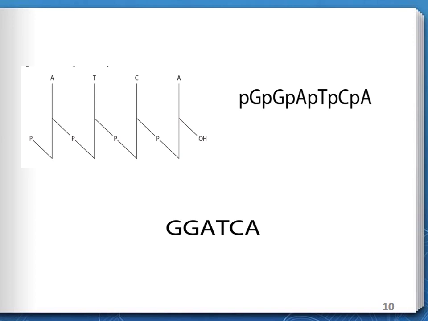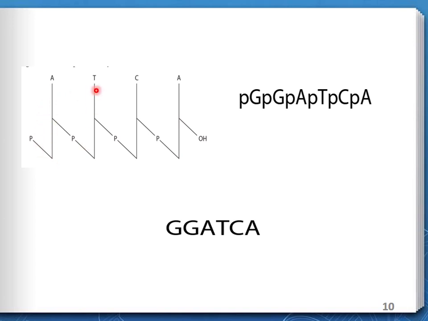So we have nucleotides conjugated together to form DNA or RNA. If we have nucleotides like guanine, adenine, thymine, cytosine, adenine, they can be drawn with a line representing the sugar.